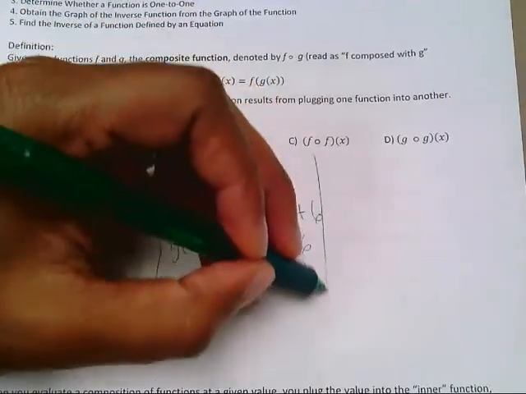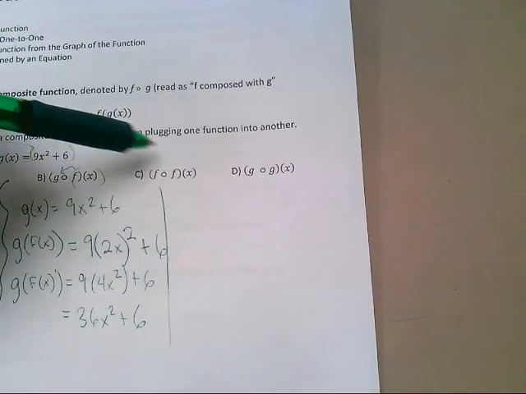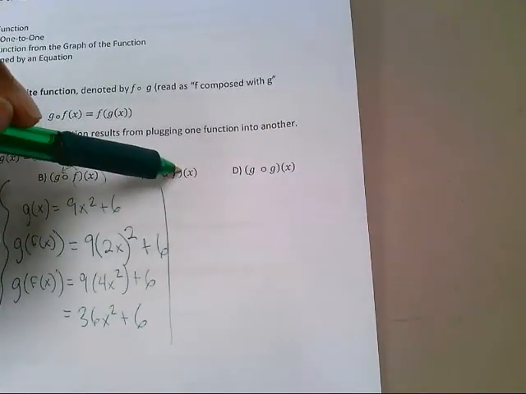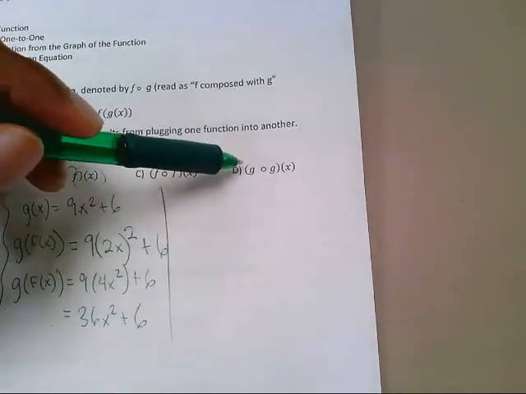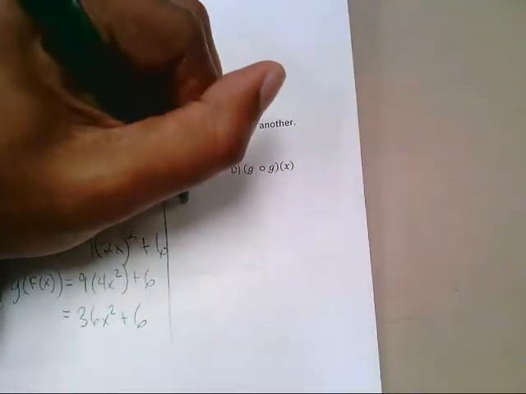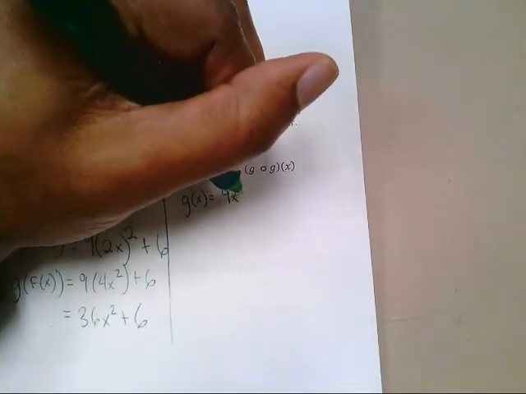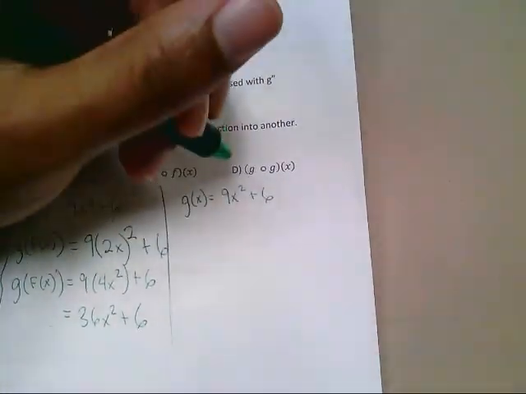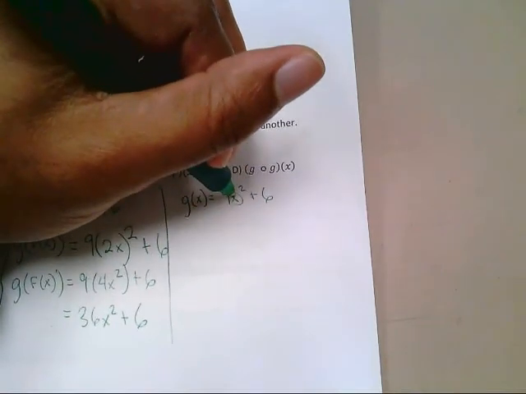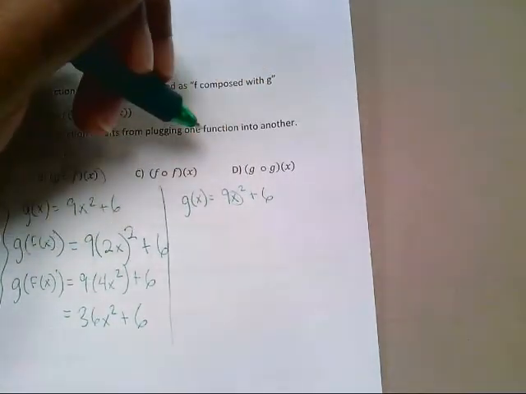And the last one we'll do, we'll skip C and just look at D. C and D are very similar. You're just plugging the function into itself. But for D, we're plugging the g function into itself. So g of x is normally 9x squared plus 6. We're going to take this x out of the equation and simply rewrite the equation again where this x is.